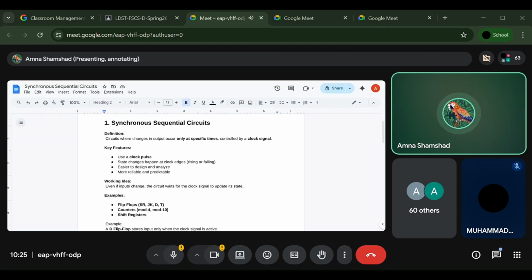I think you remember that we have discussed this in class as well. What was the component that will change its state on the rising and falling edge of the clock? We have already discussed some types.